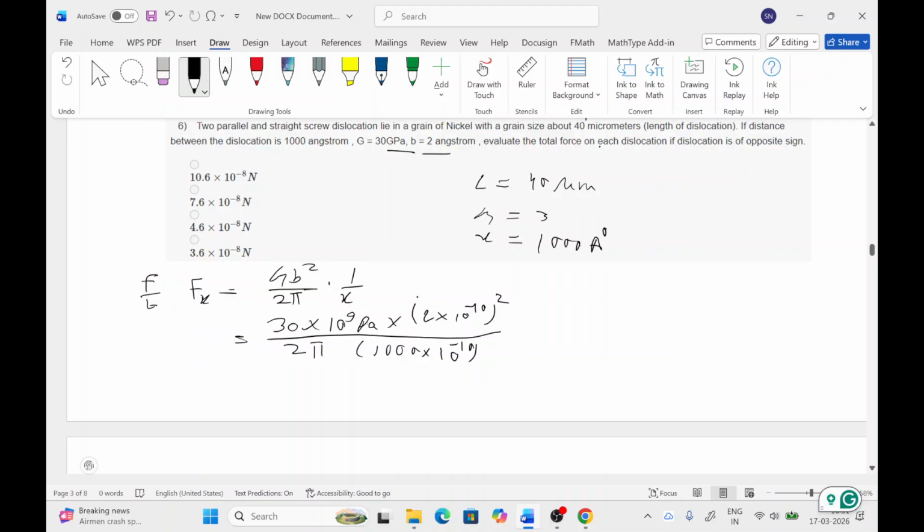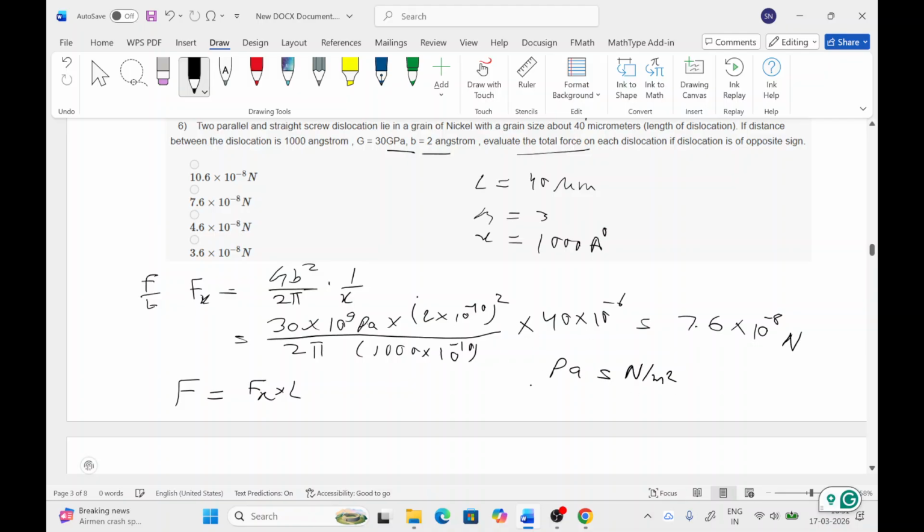But we require the total force. So the total force will be Fx into L. When we multiply this value by the 40 micron, we get the total force of 7.6 into 10 raised to power minus 8 Newton, because Pascal is Newton per meter square.